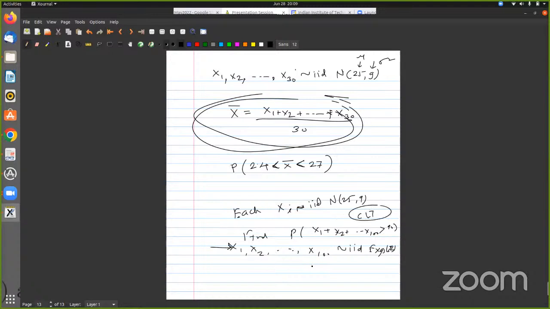This is a way of representation. So here it is the speed of vehicles. We have 30 vehicles, and the speed of each vehicle is represented by x1, x2, up to x30, and all are IID samples with normal distribution having mu equal to 25 and sigma square equal to 9.